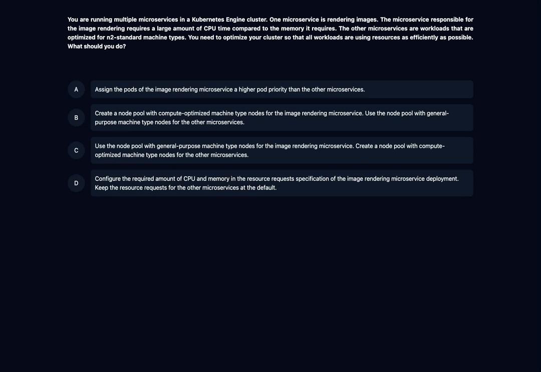C. Use the node pool with general-purpose machine type nodes for the image rendering microservice. Create a node pool with compute-optimized machine type nodes for the other microservices. D. Configure the required amount of CPU and memory in the resource request specification of the image rendering microservice deployment. Keep the resource requests for the other microservices at the default.